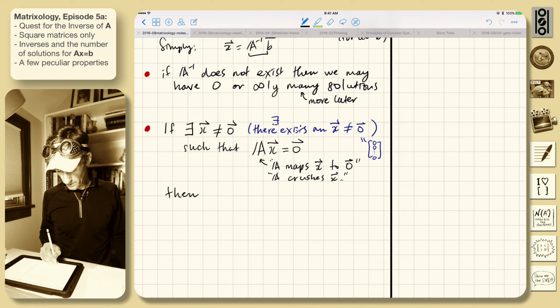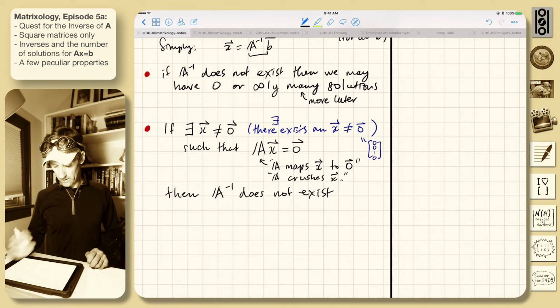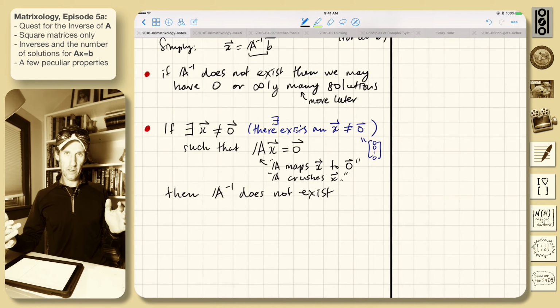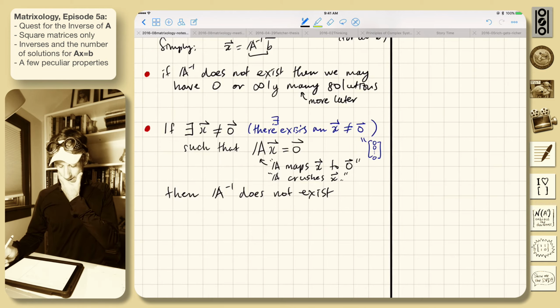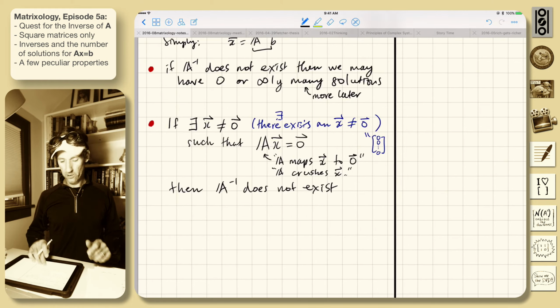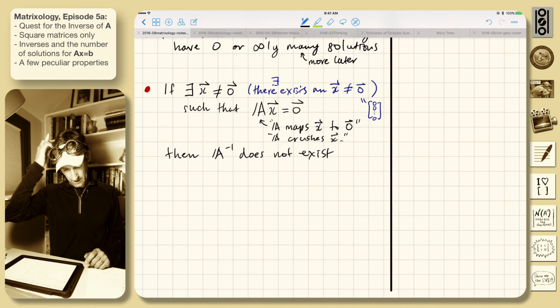We were saying things about x, depending on whether a or a to the minus 1, whether the inverse existed. Now this is something about a property of x, the solution. So it's a very special kind of x, all right? And why is that?